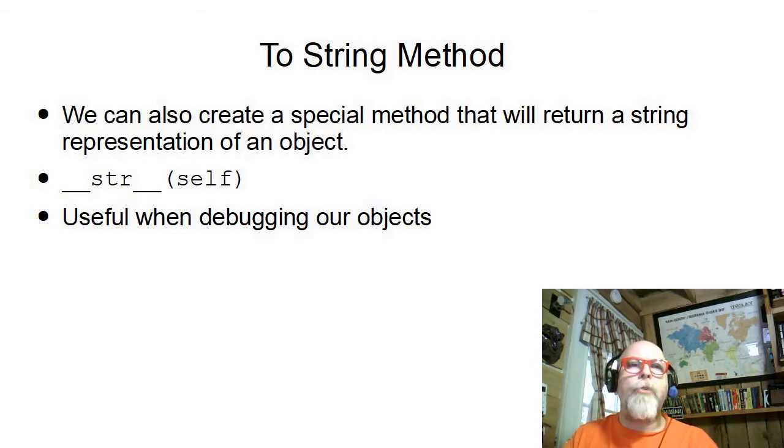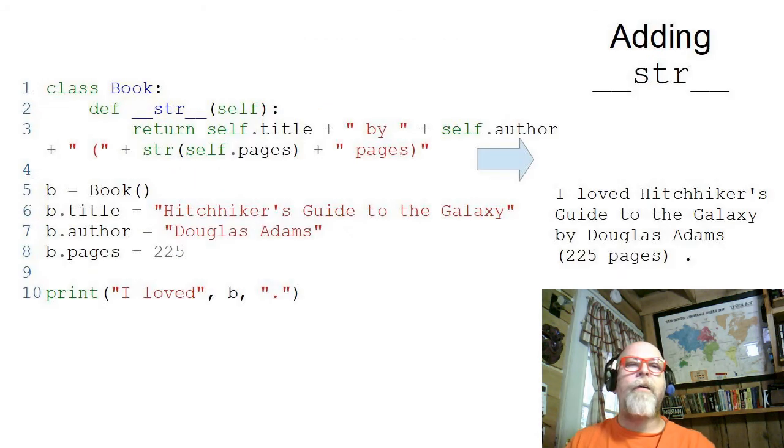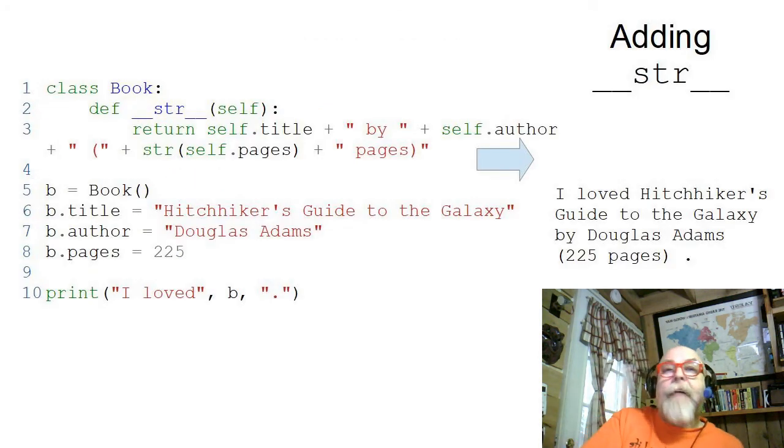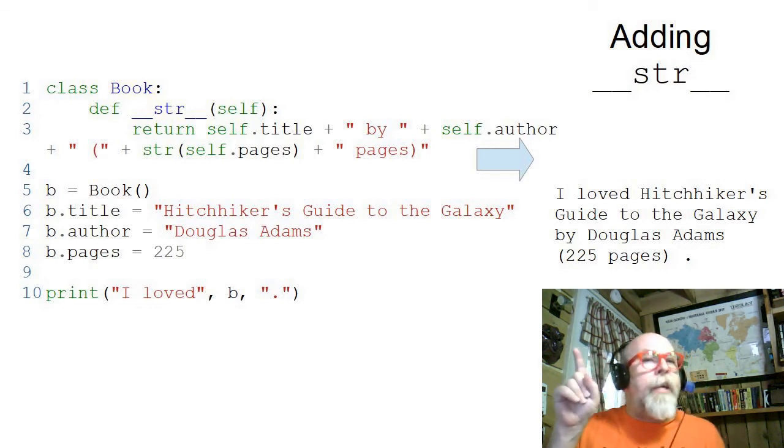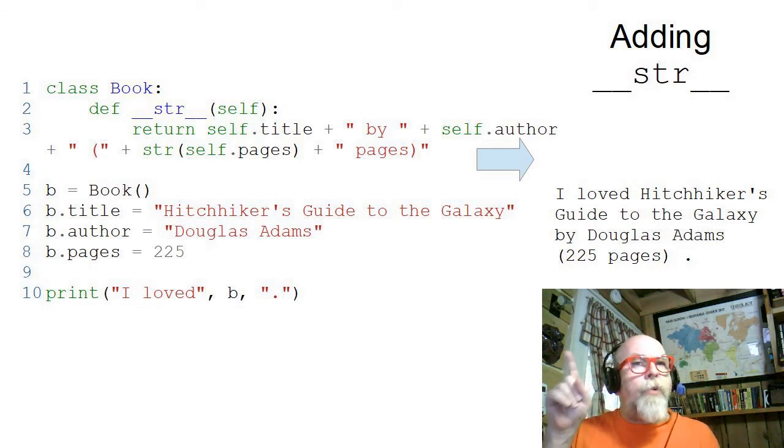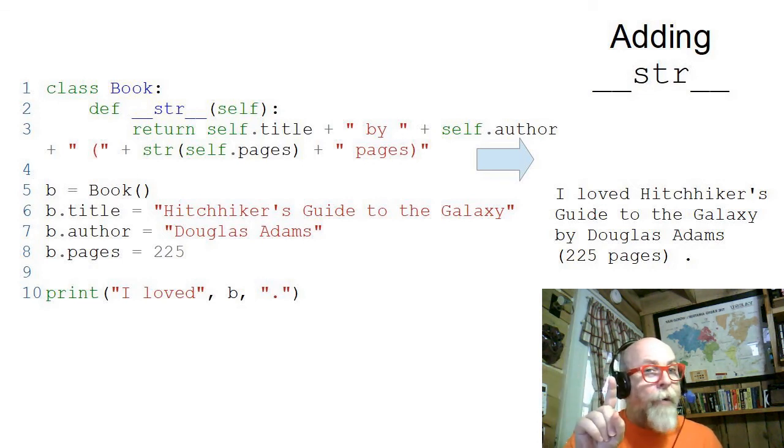So I'm going to show you a toString method on our books. I have a class called book, and you can see that I have defined a def called underscore underscore str underscore underscore with self. And then look at what it returns. It returns a string. The str method must return a string. Don't print things out in there.